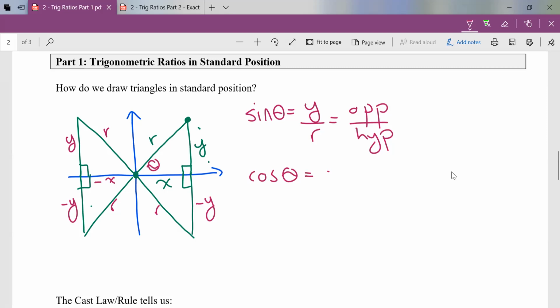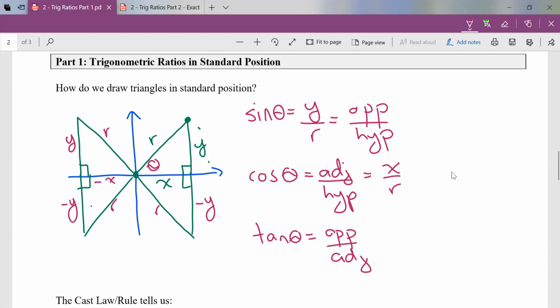Cosine theta, we're used to saying from grade 10 adjacent over hypotenuse, but now we're going to say x over r. And tangent theta, we're used to saying opposite over adjacent, but now I want you to think of that as y over x. So these are slightly updated definitions for our trigonometric ratios.